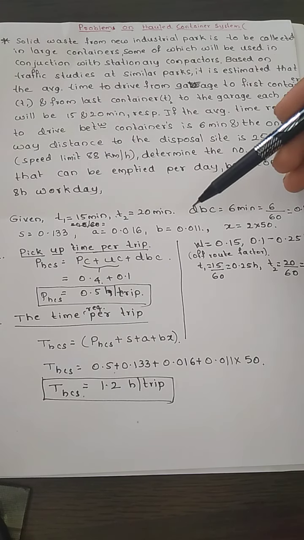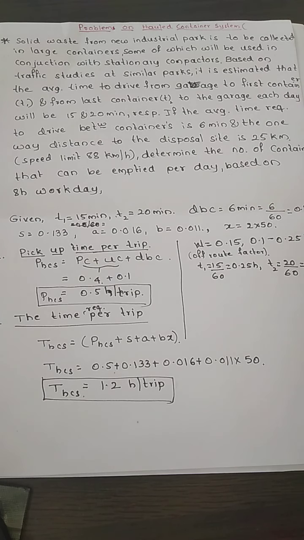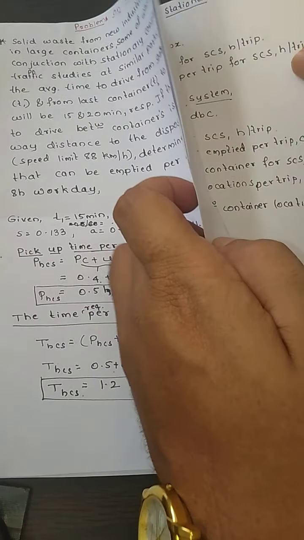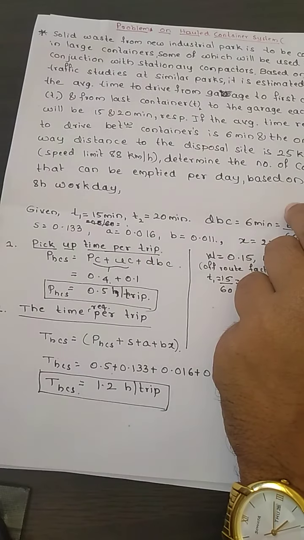Okay, so again your A and B value, how have you determined it? Now what is the value of your speed limit?